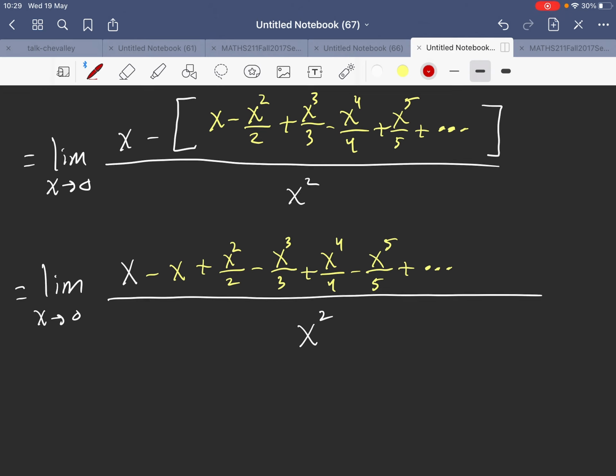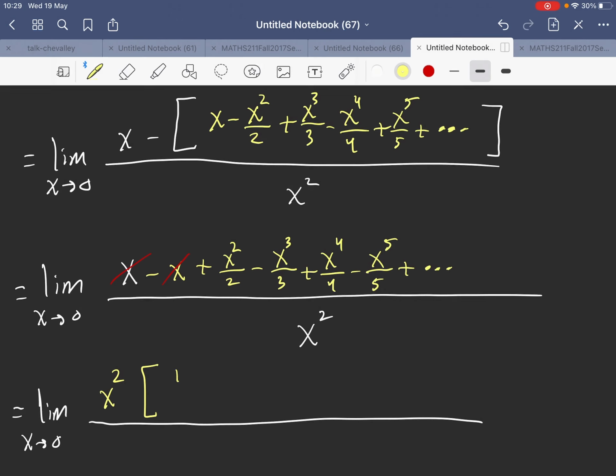Now, x minus x get cancelled. Okay. And then we need to take x squared as common factor. What will be left is half minus x over 3 plus x squared over 4 minus x cubed over 5 and so on, over x squared.